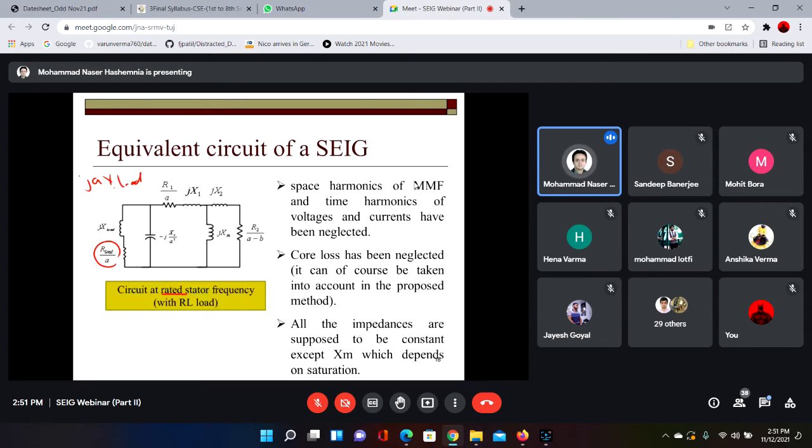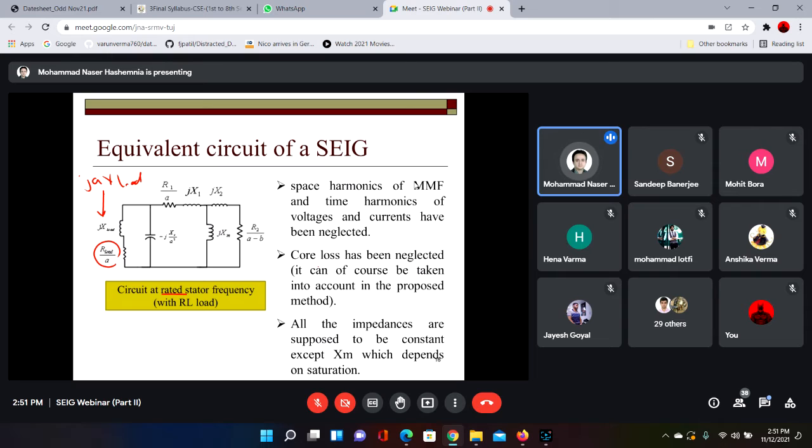So we are facing such circuits. In these circuits, let's take a look at what the known parameters are and which are the unknown parameters which should be calculated. But before that, take several points in mind. The space harmonics of MMF and time harmonics of voltages and currents have been neglected. So in this circuit, we have just one frequency. We are not taking time harmonics of voltages and currents into account.